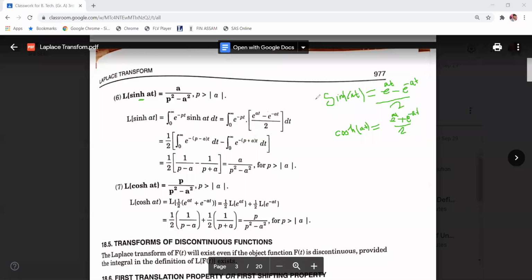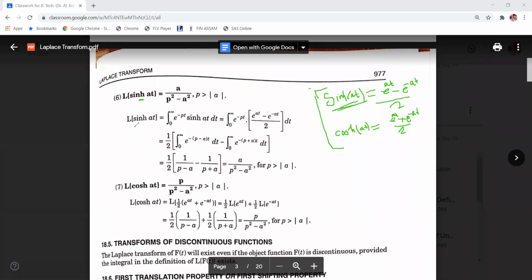All these things you have already got. So in order to find out the Laplace transform of sine hyperbolic at, we need to use this value of sine hyperbolic at in terms of exponential.